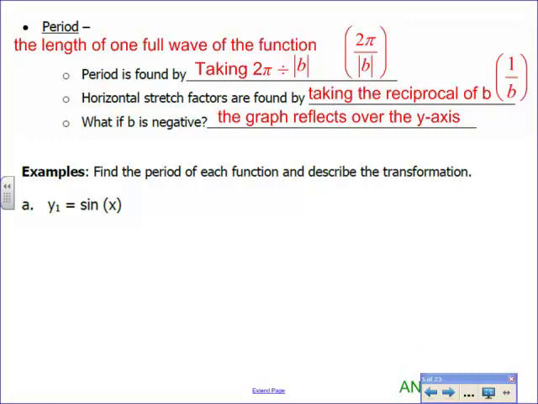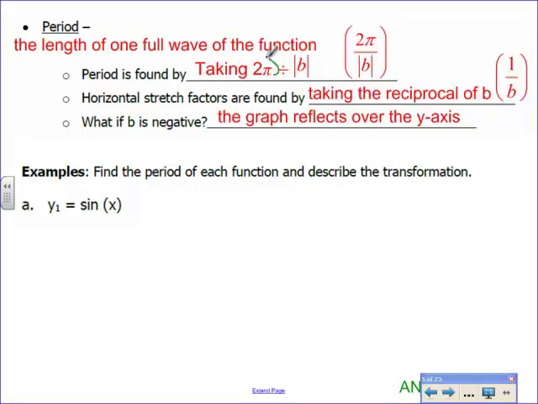So in those first few slides, you saw that cosine and sine are periodic functions. A period is the length of one full wave of the function, how long it takes from start to finish. Period is found by taking 2 pi divided by the absolute value of b, that b being part of that original equation.